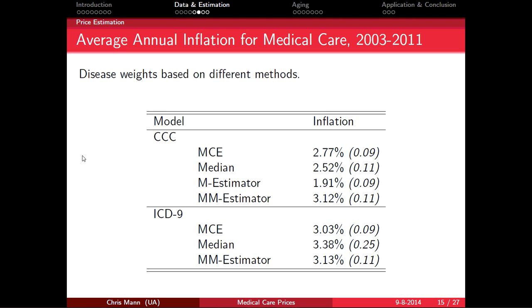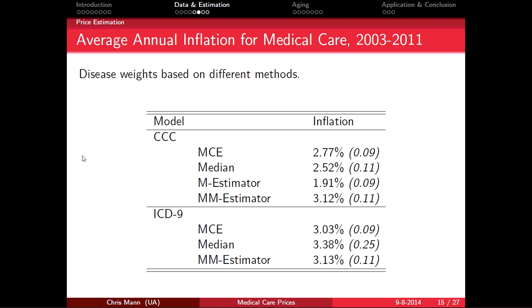So we can see how important picking the aggregation level of the diseases actually is. It can make a huge difference. And we can see that in this case, the median's much higher, about 0.35% higher than the mean-based method of the MCE. And the MM estimator's a little bit in between.